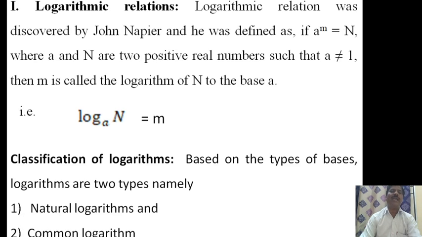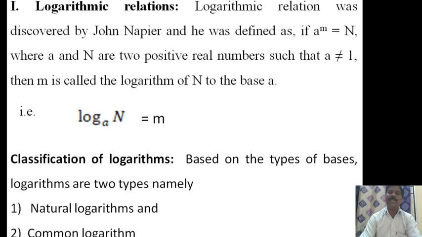Now, what is meant by logarithmic relations? Logarithmic relation was discovered by John Napier, and he defined it as follows: a to the power of m, where a is the base, and m is called the index or exponent.